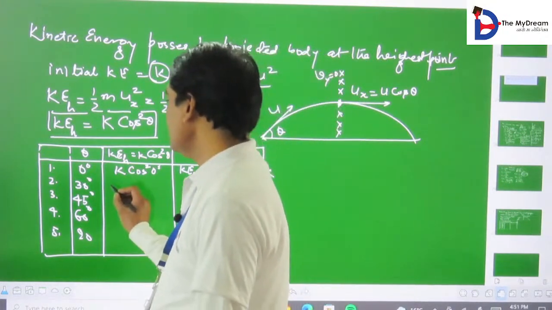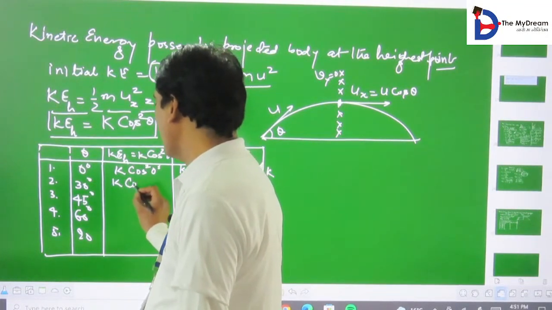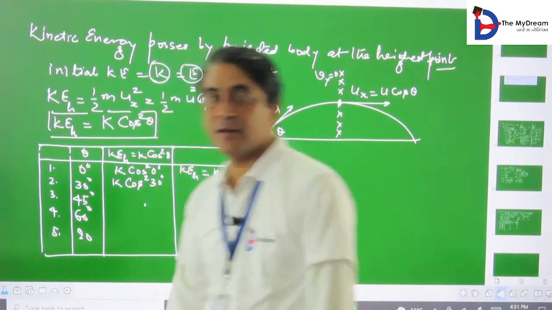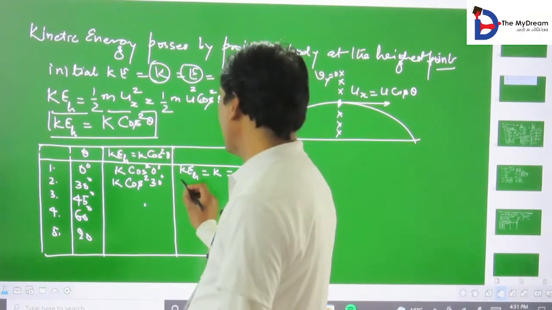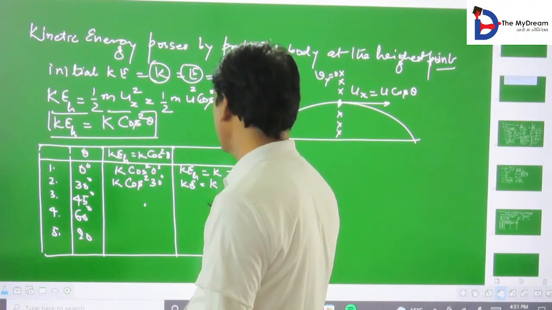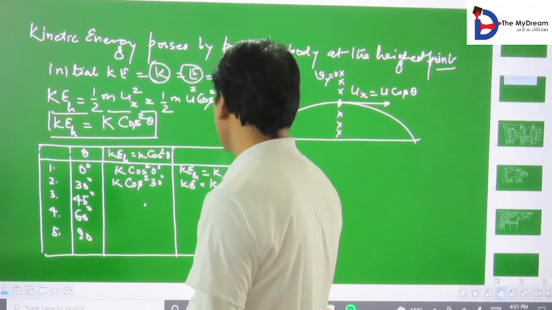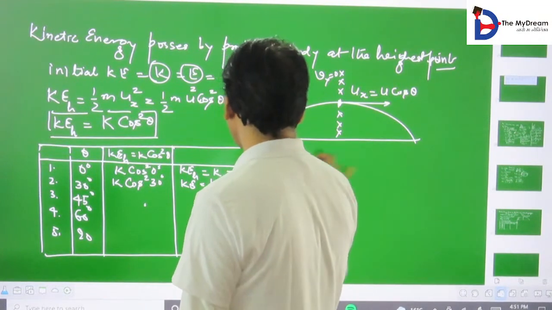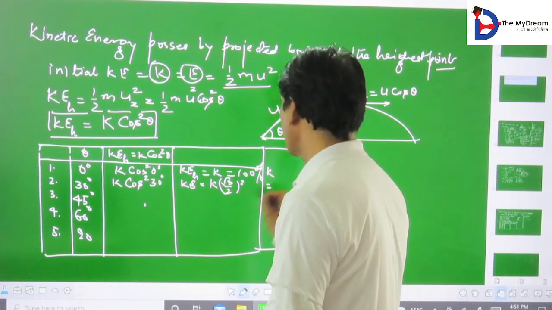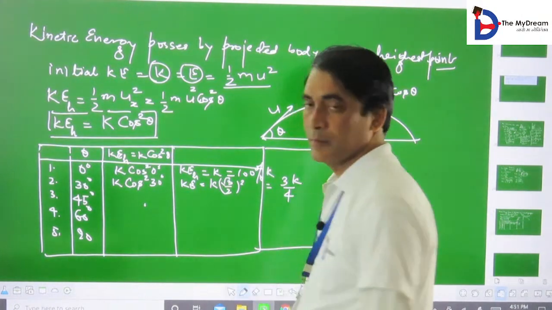If the angular projection is 30 degree, that is K cos square 30. Then kinetic energy at the highest point is K times cos 30, root 3 by 2, and there is a square, so it will become 3K by 4.